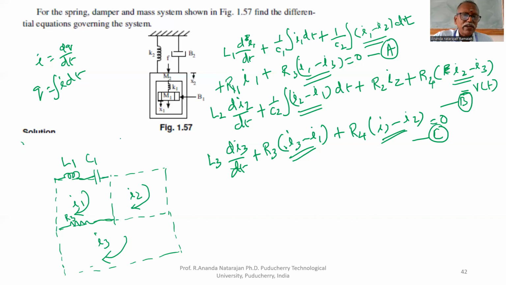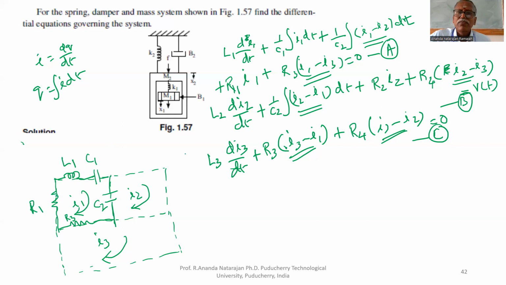C2 is between I1 and I2. R1 is in I1 only. We can put it here.